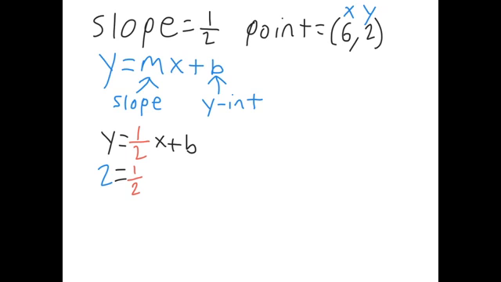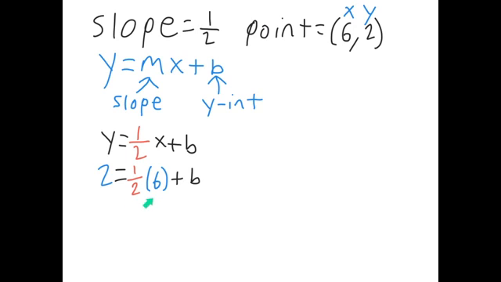Now instead of x, we're going to write 6 and put it in parentheses, just to show that it's 1/2 times 6. And then leave the plus b. So first we plugged in our slope, then we plugged in our point. Now we can just do this problem out and solve for b.